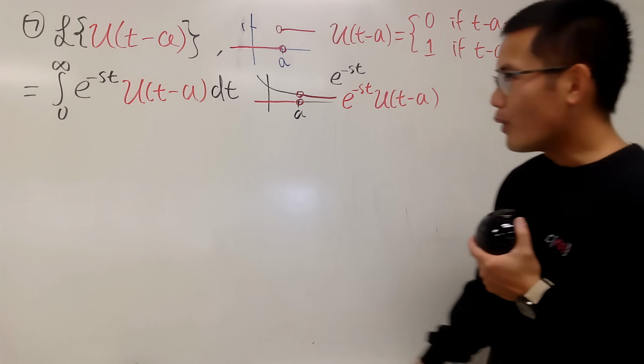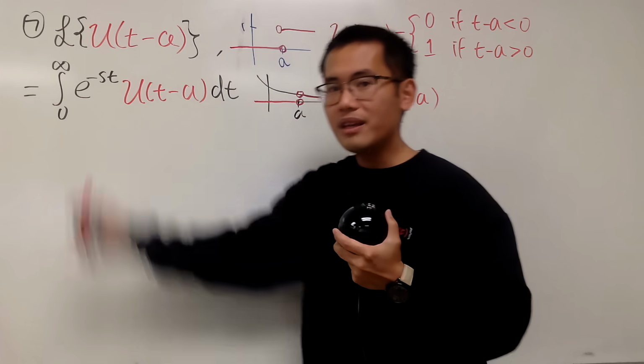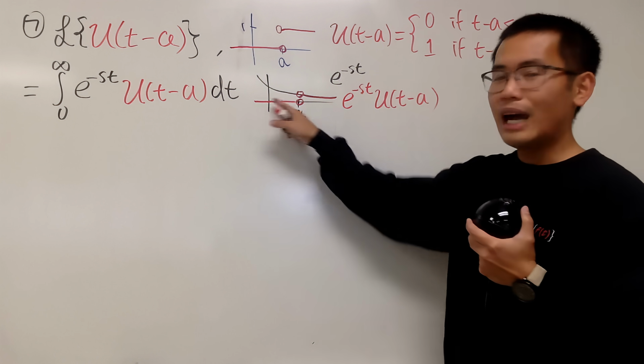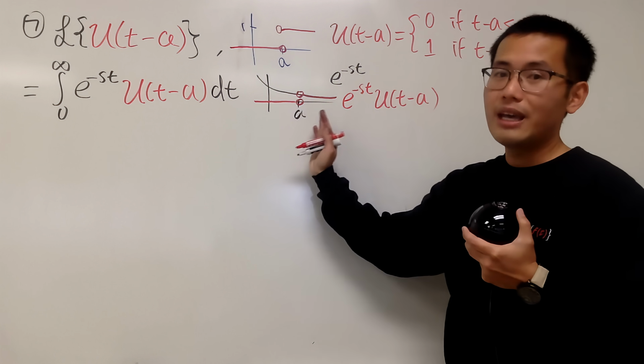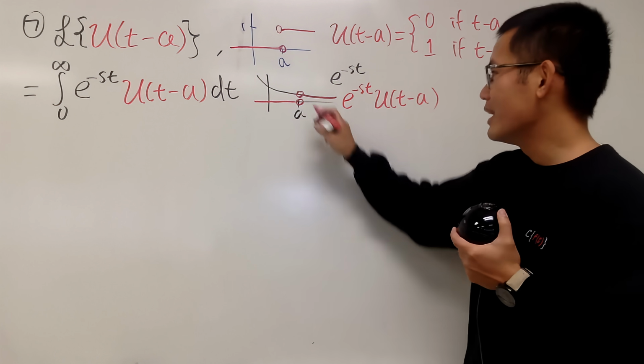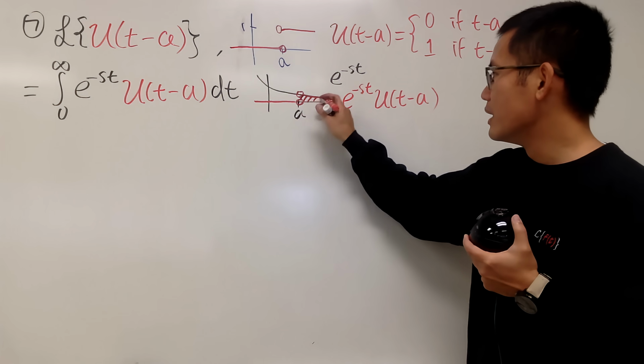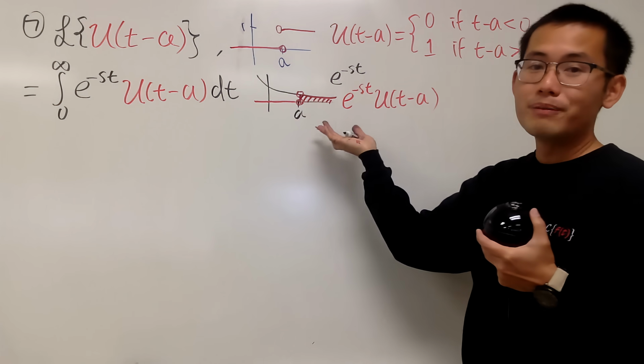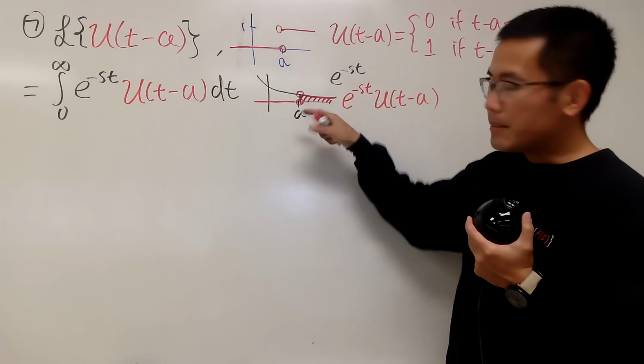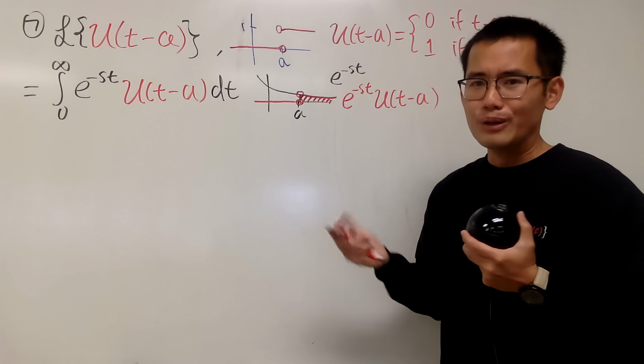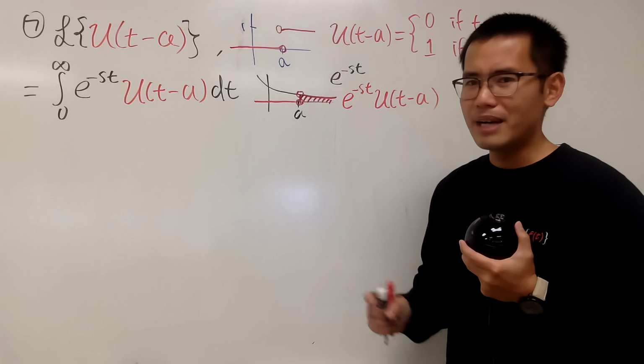So instead of integrating the whole thing, you actually do not have any area from 0 to a at all. All we have to integrate is from a to infinity, just this part. At the endpoint, it's just a point, so for the integral it doesn't matter.